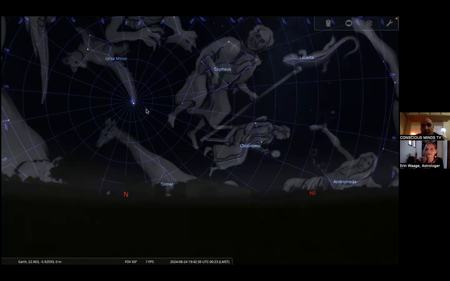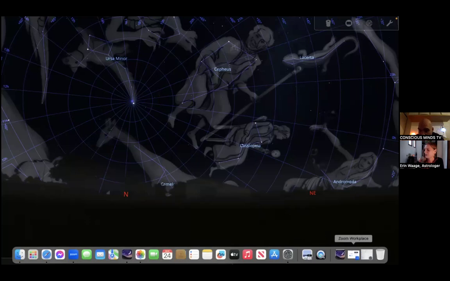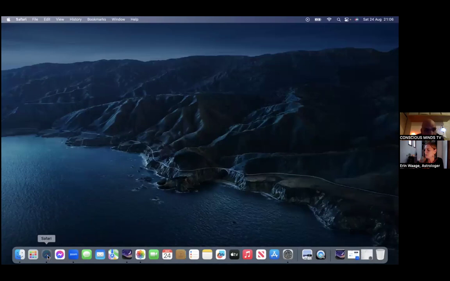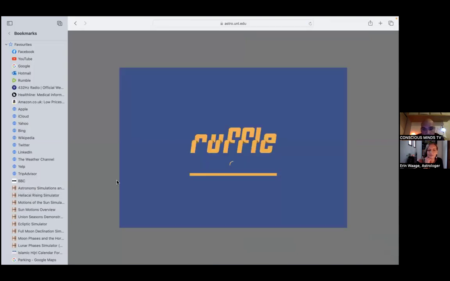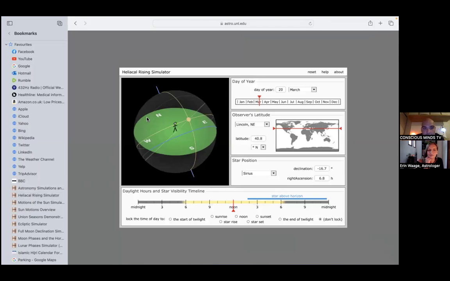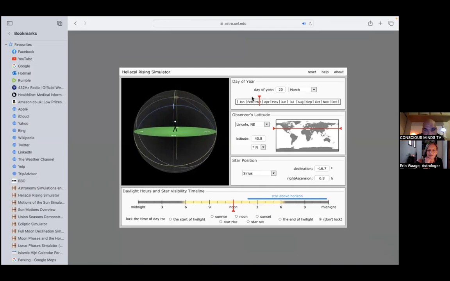And like I said, all I'm showing now is just what I was showing you earlier, about how at different times of the year the sun will be lower and higher in the sky, and also at different latitudes it goes higher and lower in the sky as well.